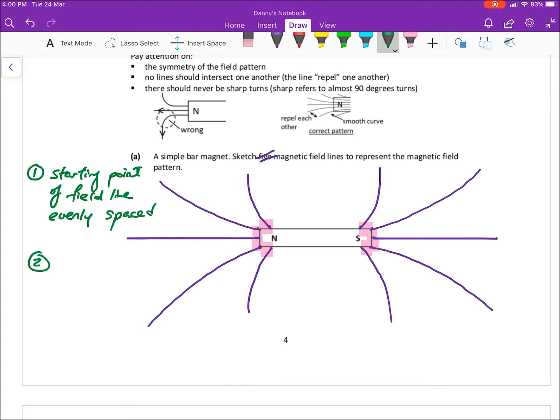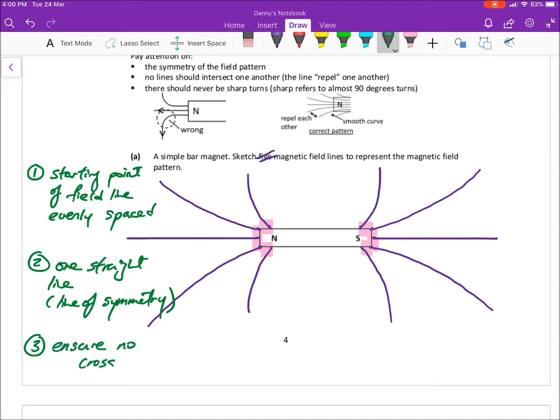Number 2, most of the time there should be one straight line, and this one straight line is usually the line of symmetry. And of course number 3, ensure that there is no crossing of lines. So it is very similar to your electric field. Lastly, you just need to add in the arrows. It will go out of the North Pole and into the South Pole.